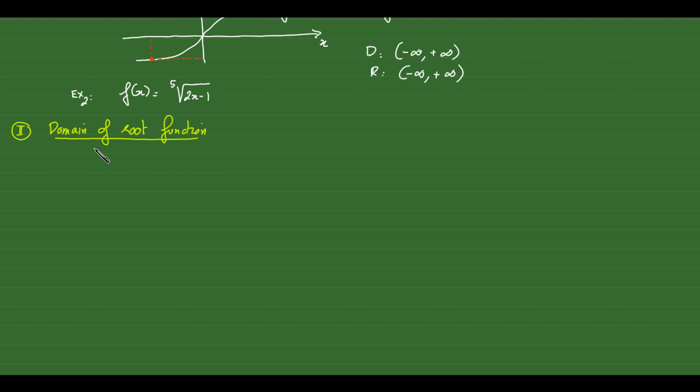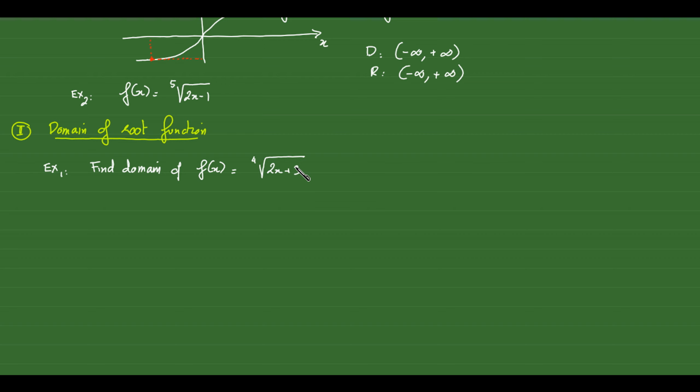But if you don't have a graph, and they give you a radical function algebraically, then you must be able to find the domain. For example, I want you to find the domain of f(x) equal to the fourth root of 2x plus 3.